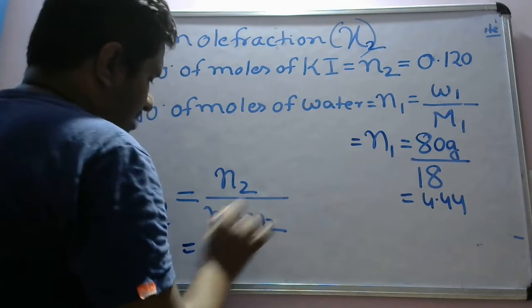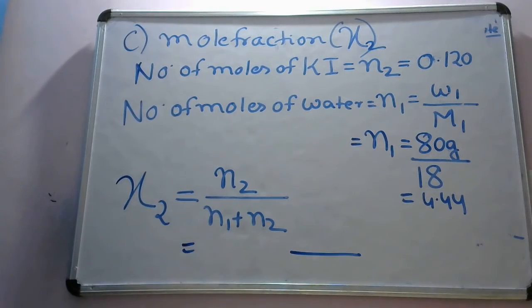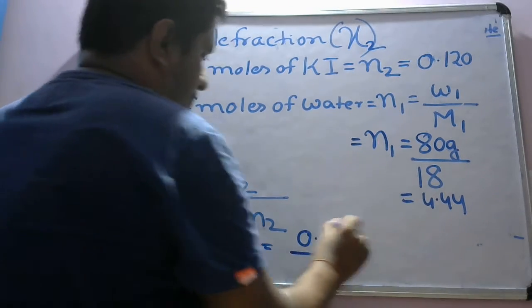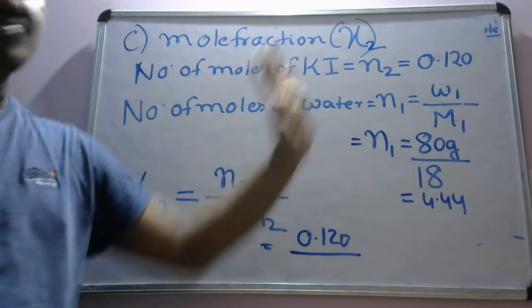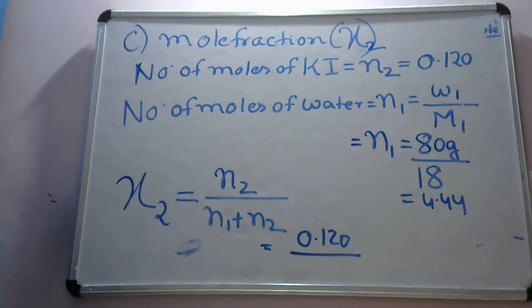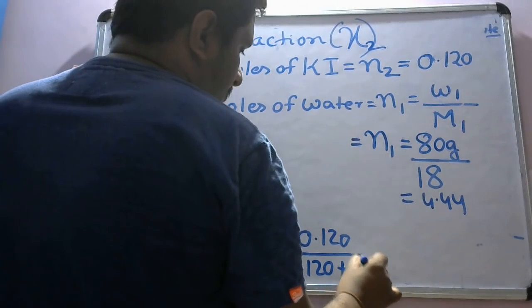So when we calculate this, we will substitute N2 as 0.120, number of moles of solute, by sum of moles of solute plus solvent, 0.120 plus 4.44.